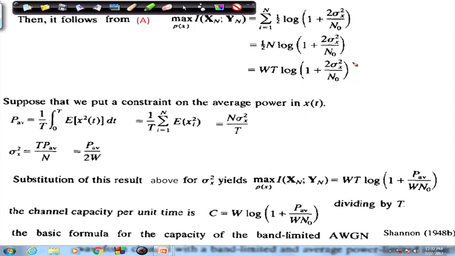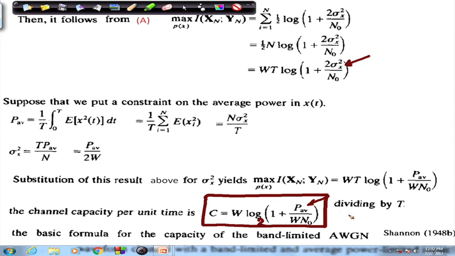So, if you fit this result into sigma x squared, you will end up with the expression of channel capacity, which is given by C is equal to W log base 2 of 1 plus average transmit power divided by W n naught. Now, W n naught is the noise power P_n, because n naught is the power spectral density and W is in hertz, meaning you have the total noise power.